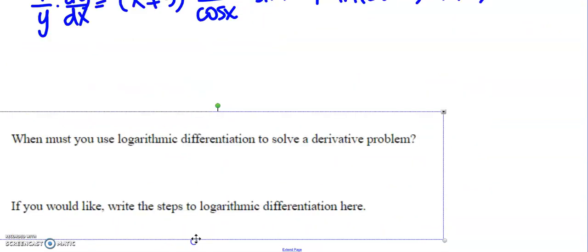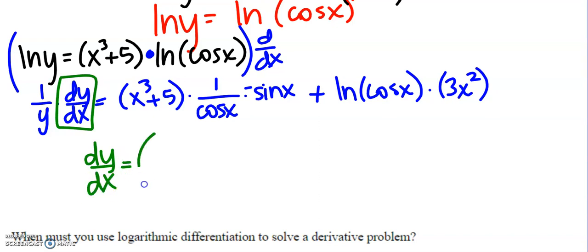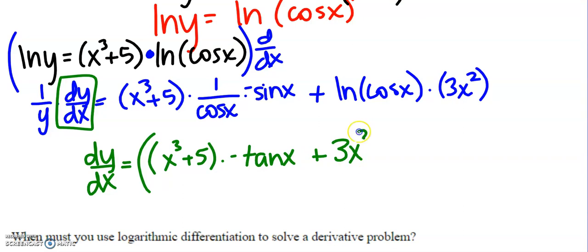Let me move this down. So we need to get dy dx all by itself. That's our last step. So I'm going to multiply both sides by y. dy dx equals, big parentheses, x to the third plus 5 times, ready for this, negative tangent of x, because sine over cosine gets me tangent, plus 3x squared, I'm just writing that in front for convenience sake, the natural log of cosine, all times y.